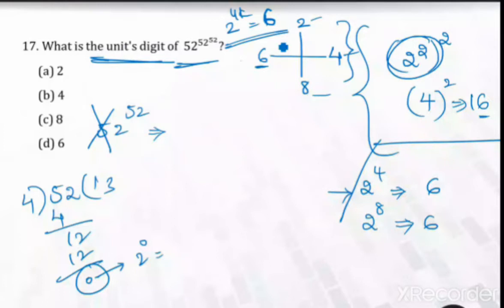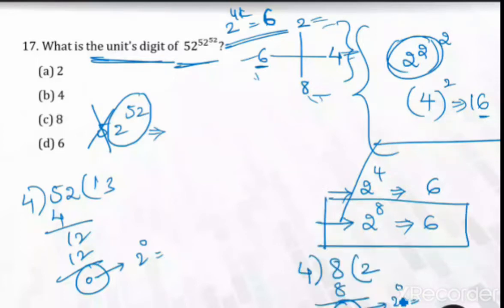So let us assume 2 power 8. Here I am dividing 8 by 4 because the power cycle repeats. 4 twos are 8, leaving a remainder of 0. Now, what will be the unit digit for 2 power 0? 2 power 4k is equal to 6.